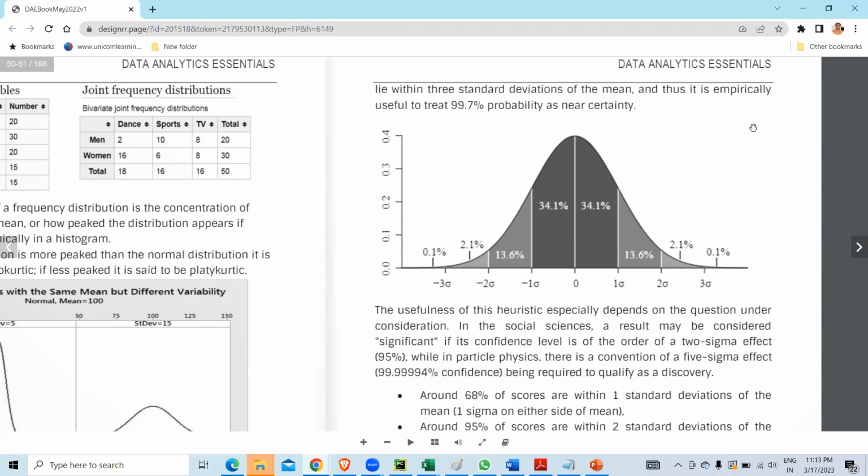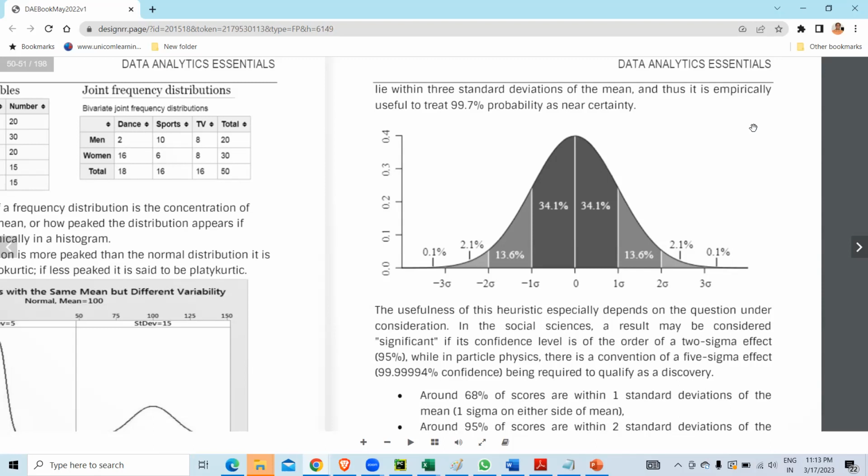Why 68.2%? The area under the curve for the first standard deviation is 68%. Plus or minus 5 from 0 will have 68%.